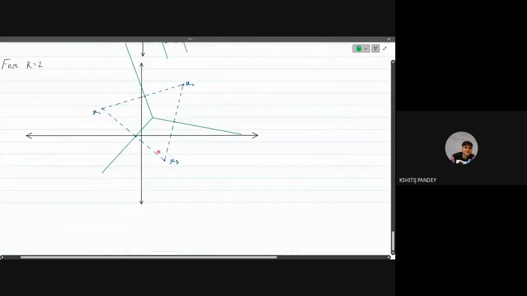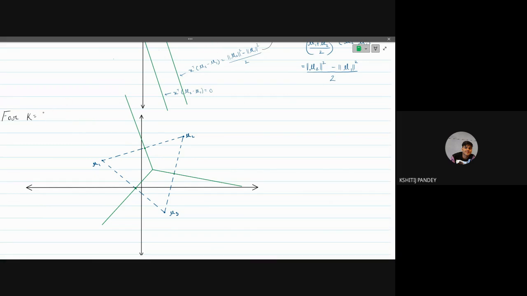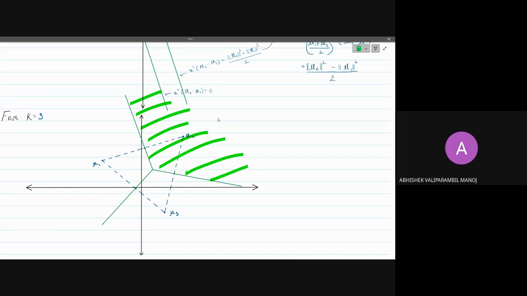When you have k equal to 3, what will happen? You will have three mu's, right? Mu1, mu2, and mu3. So what you will do is calculate the perpendicular bisector of mu1 and mu2, divided by 2, and so on. In the end, you will get three different regions representing three different cluster regions. This is region 1. This is region 2.